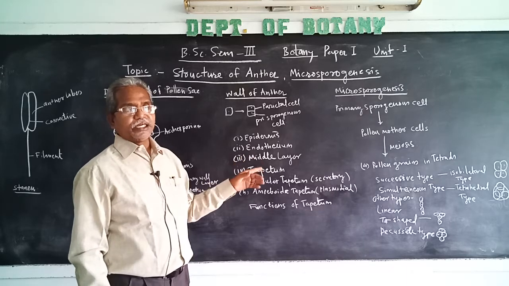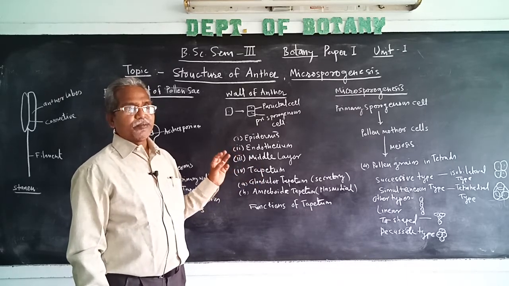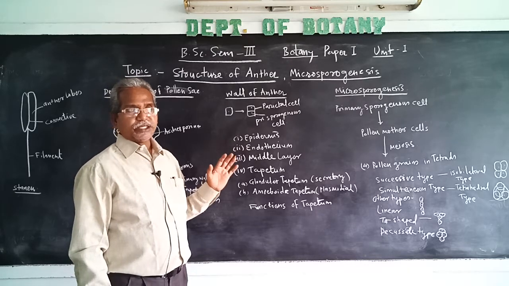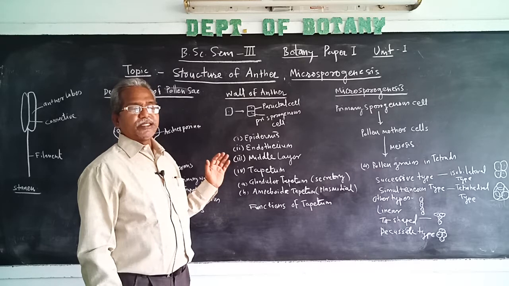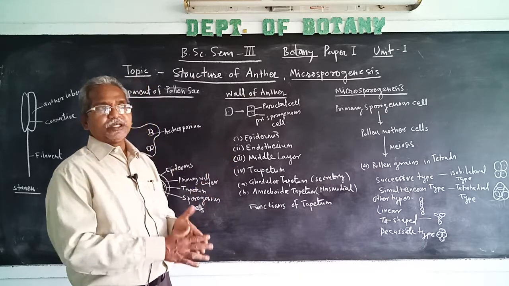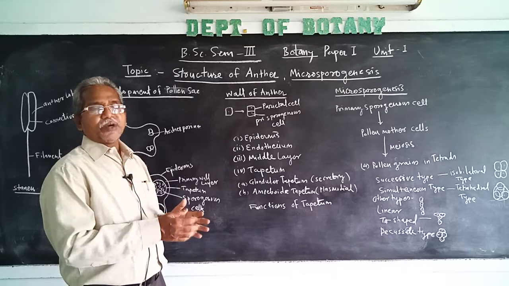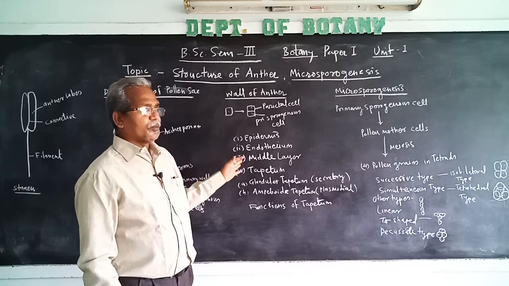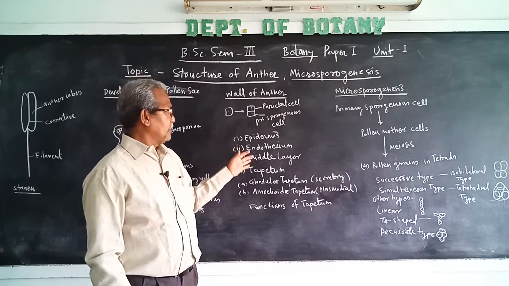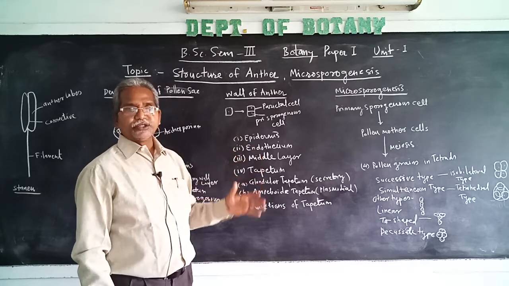It is a single layer, consisting of bigger cells having dense cytoplasm and prominent nucleus. The tapetum is of great physiological importance in the formation of pollen grains and the pollen wall. Through the tapetum, food material can be diffused from the middle layer to the inner sporogenous tissue.